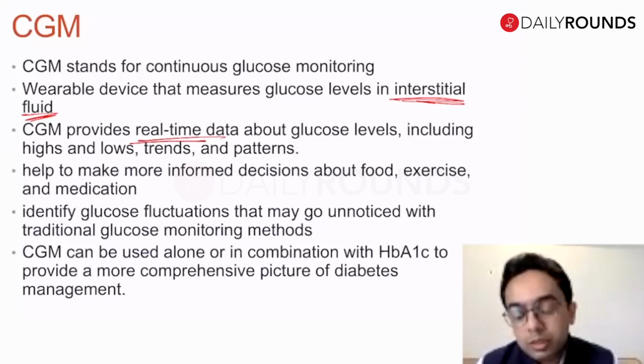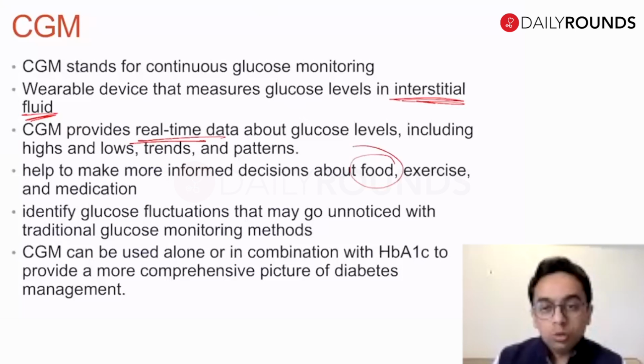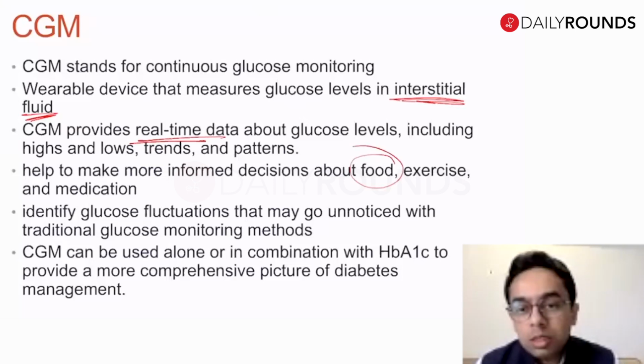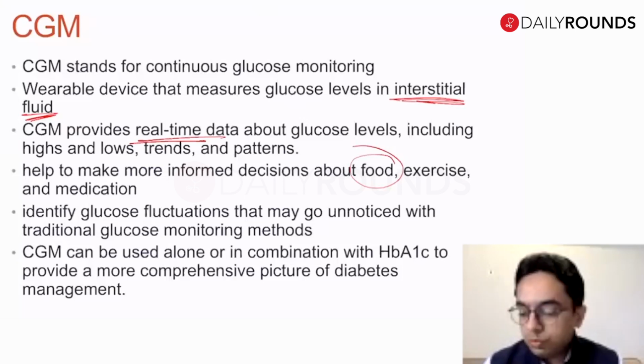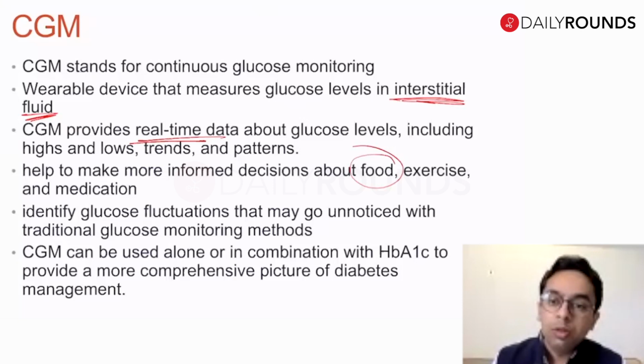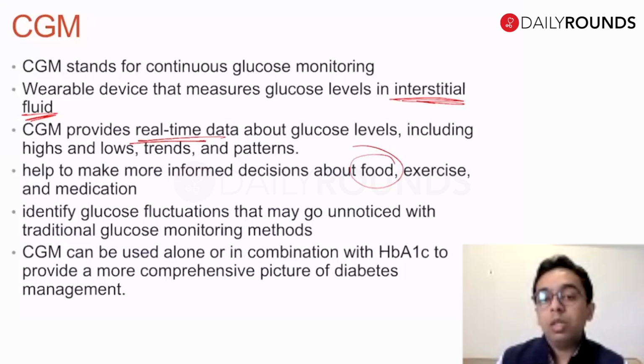Let's say a patient is taking very high carb food, so post that the sugars may rise. Or let's say the patient has an erratic meal pattern, or the patient is going out on Saturdays and Sundays. So all those things you can get, and accordingly you can modify the food and the exercise of the patient.